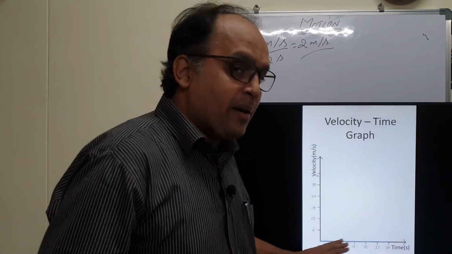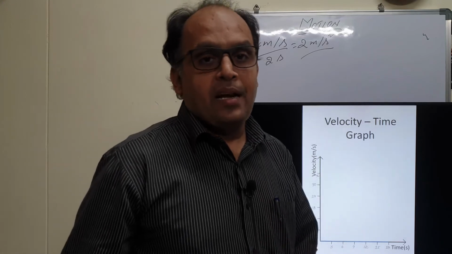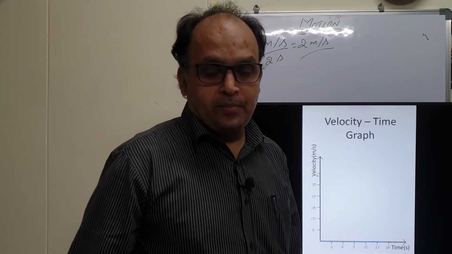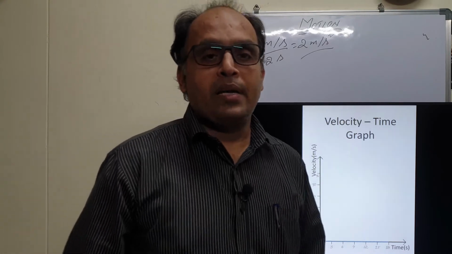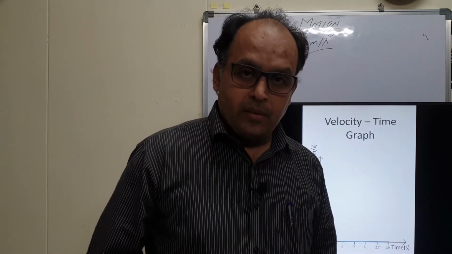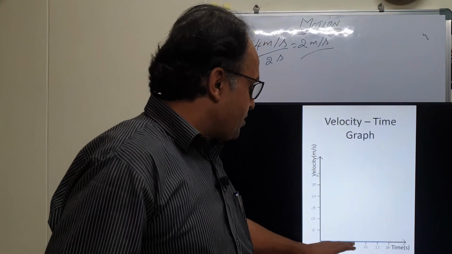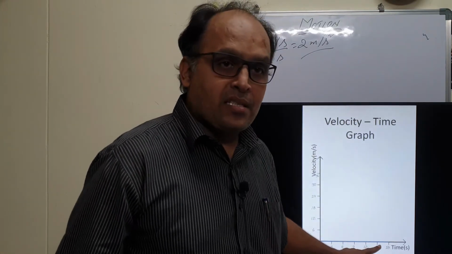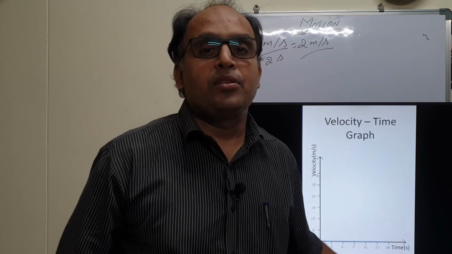So even when the time is changing, the velocity of the body is still 0 meters per second, which means the body is not moving at all and is at rest. So when the graph consists of all its points on the x-axis in a velocity time graph, we can say that the body is at rest.